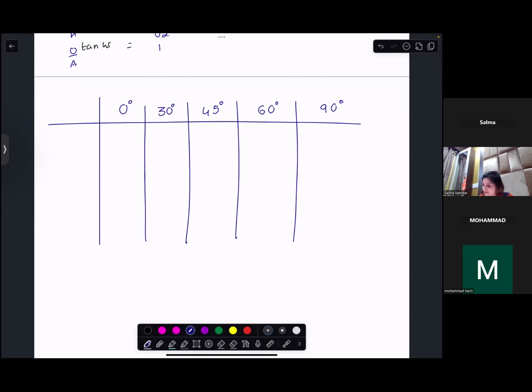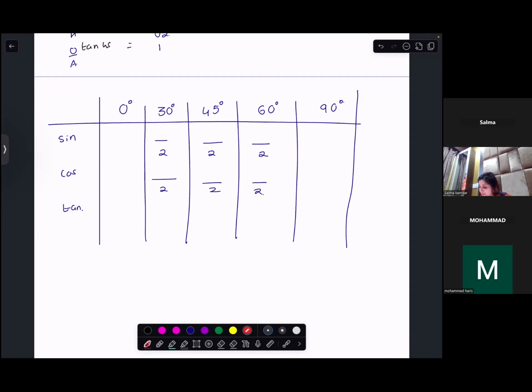We are finding the exact trig values of sine, cos, and tan. So sine 30, 45, 60: divide by 2, divide by 2, divide by 2. Cos, again divide by 2, divide by 2, and divide by 2.